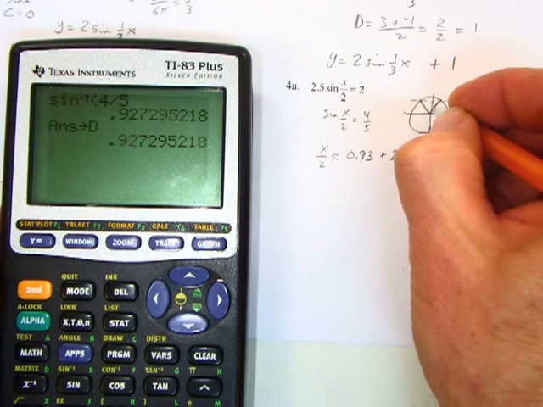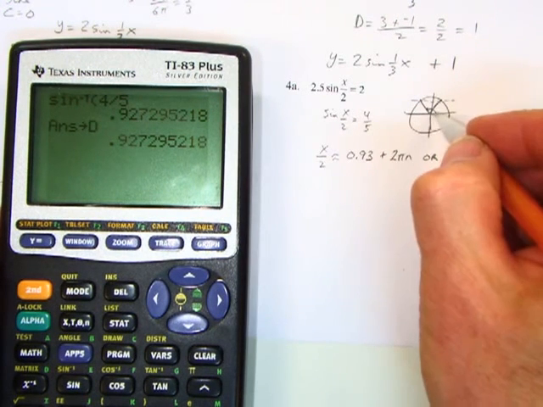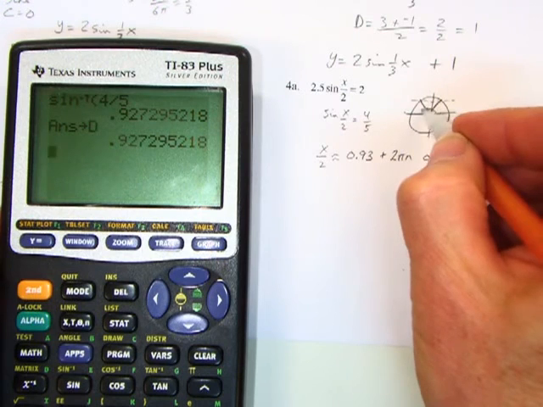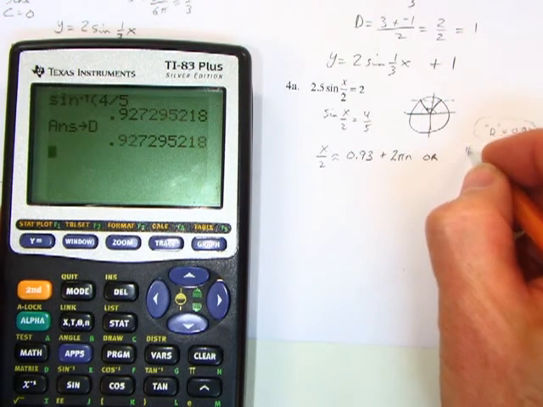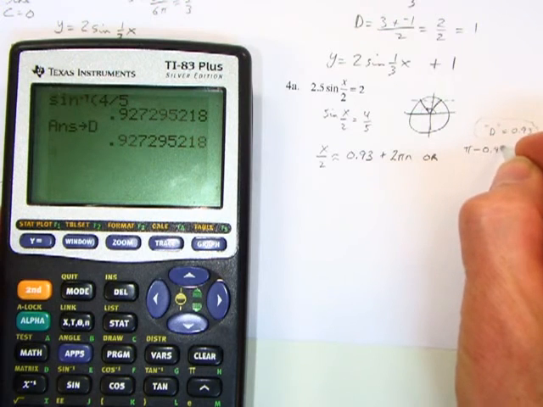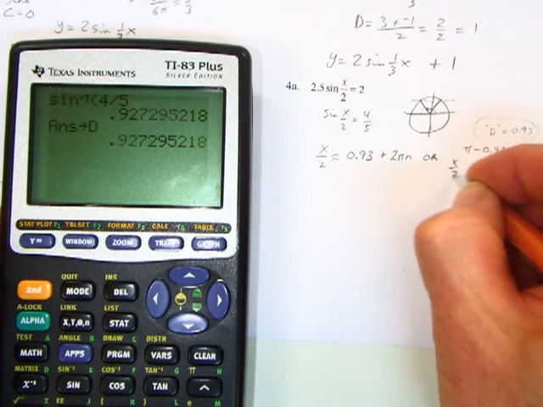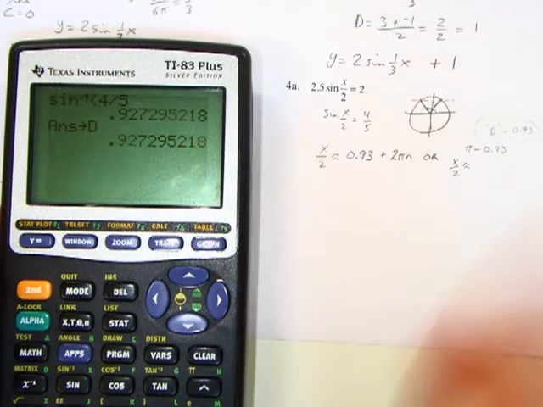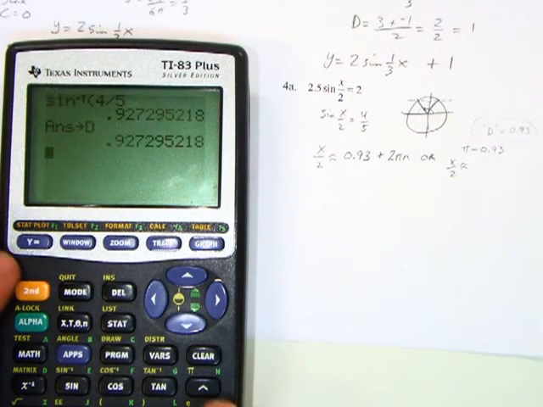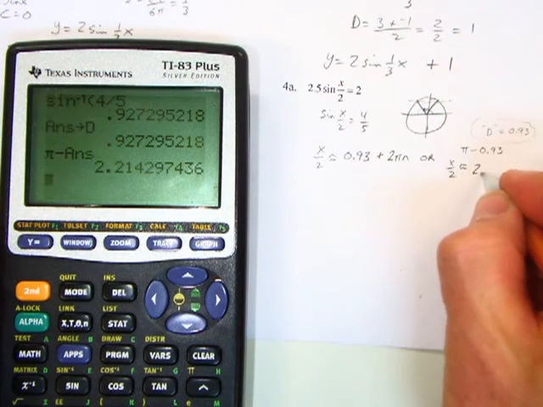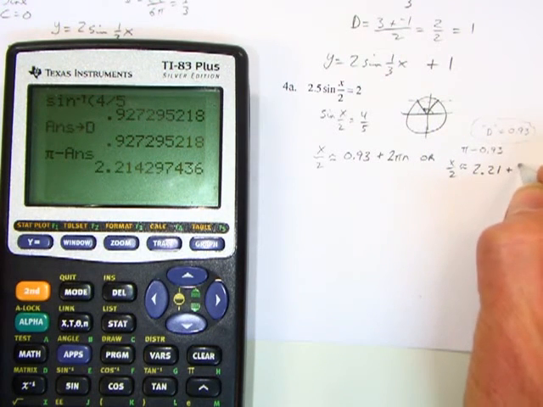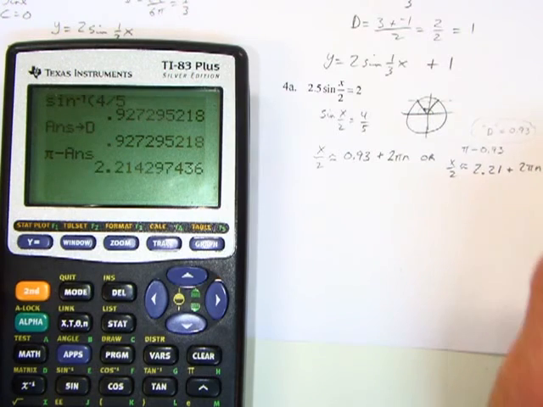Now I need to get this other angle. Remember, here's pi. This angle is 0.93, so it's going to be pi minus 0.93. So I'll get x over 2 is approximately equal to, so let me go pi minus answer. And I get 2.21 plus 2 pi n.